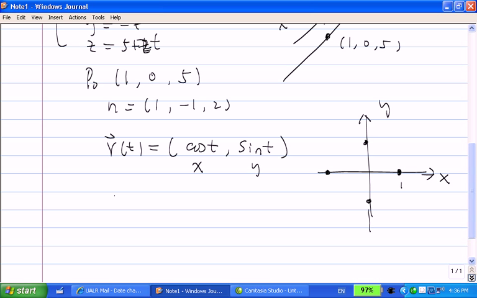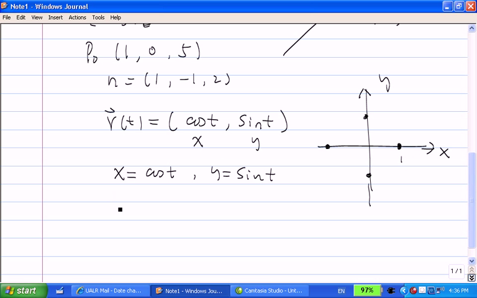Okay, this is a plane curve. In other words, x is calculated by cosine t, y is calculated by sine t. T can be any number. So for this simple curve, we can take squares on both sides of the equation.